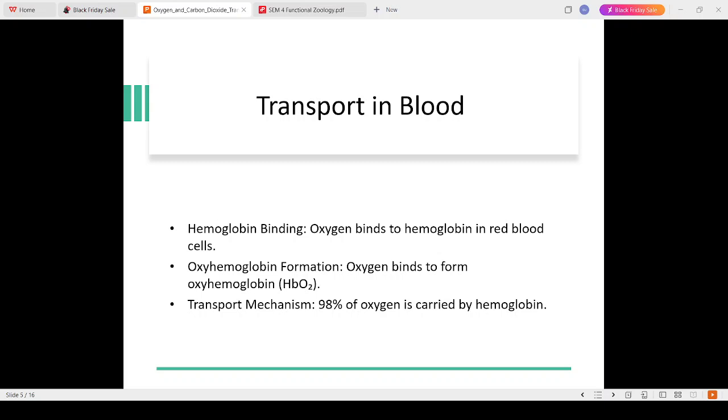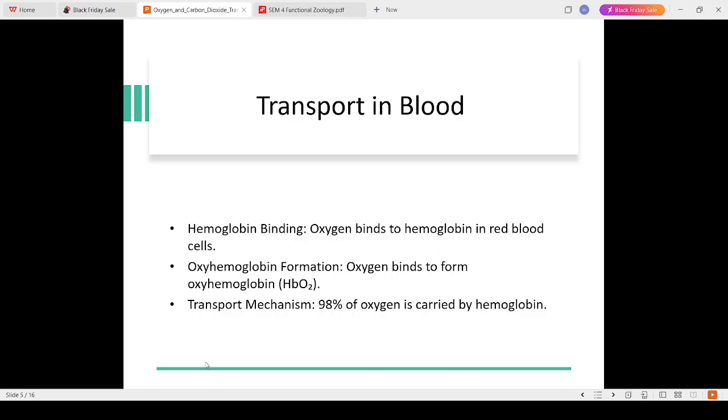That is what we call diffusion. So in the cells, because of lower oxygen pressure, this splitting of oxygen and hemoglobin takes place, and as a result oxygen is released here, and oxyhemoglobin is converted into hemoglobin again. This is what is happening here.